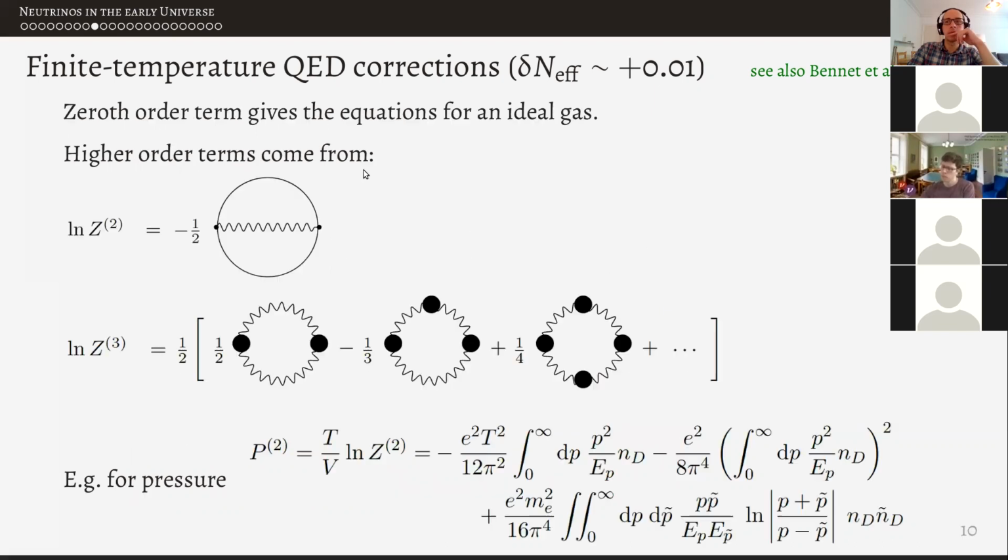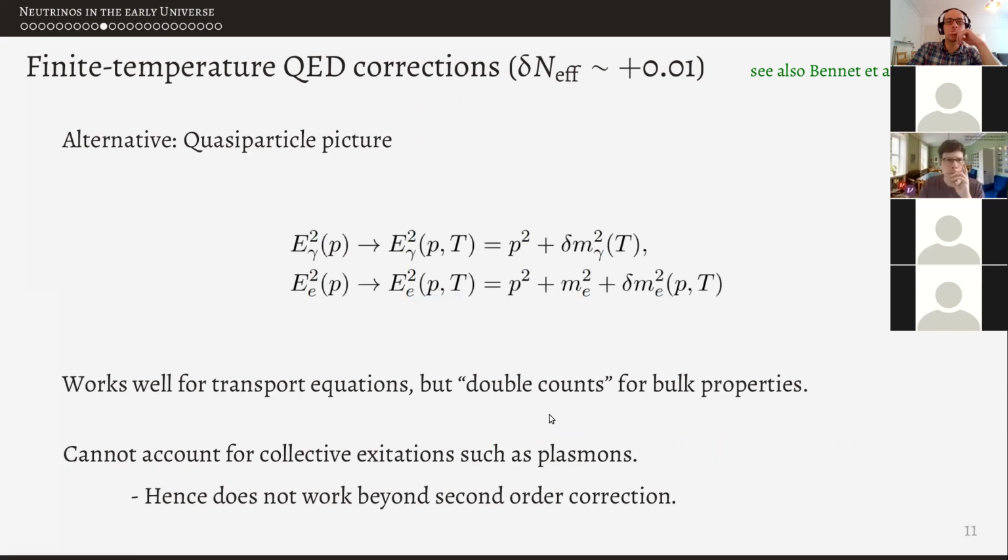So instead of including this kind of integrals in your calculation, you simply shift the energies of the photons and the electrons by giving them an effective mass.